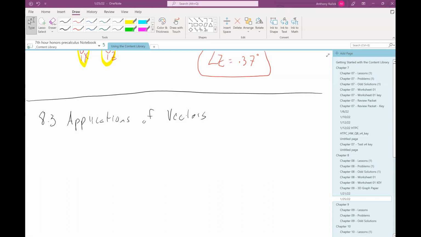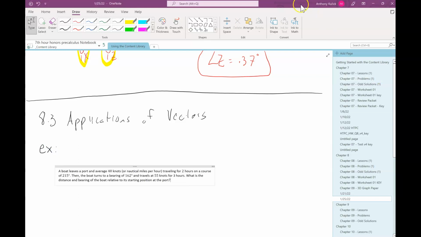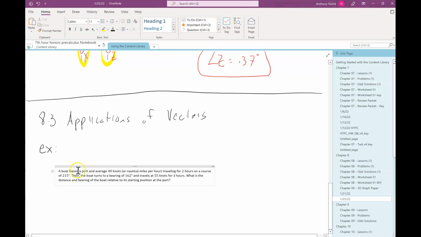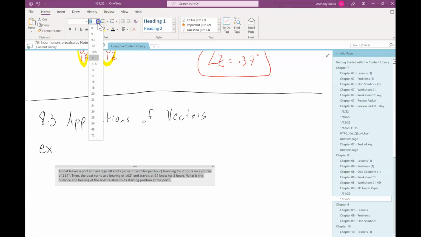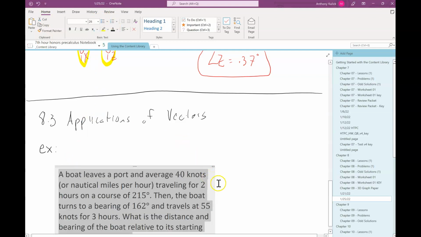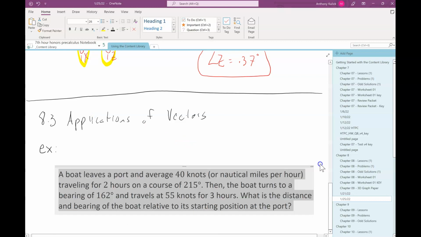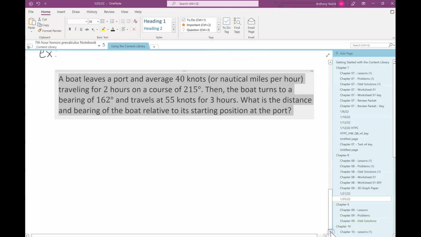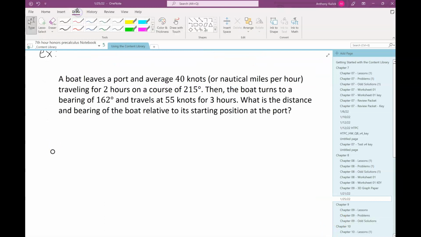The first one is a situation that we're already quite familiar with because we dealt with this situation in first semester. And it's just one of these navigation kind of problems. So let's take a look at this example.